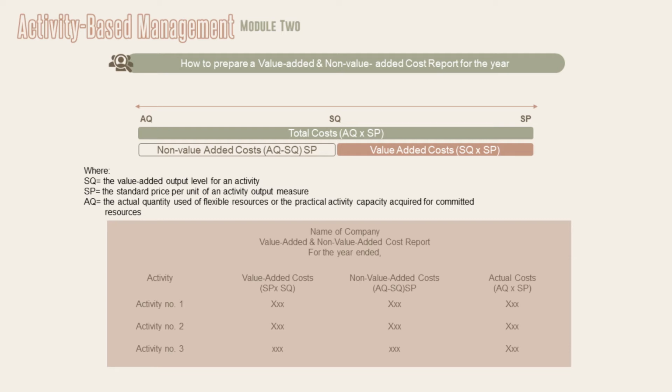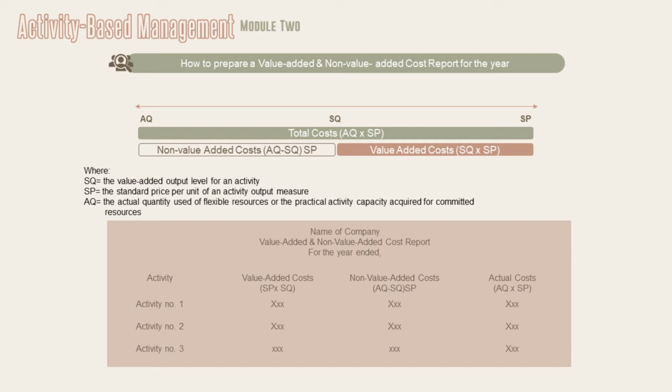On the last line we indicate the year ended. Then we're going to have 4 columns: the first is for the activity, the second for the value added costs, the third for the non-value added costs, and the last for the actual costs.